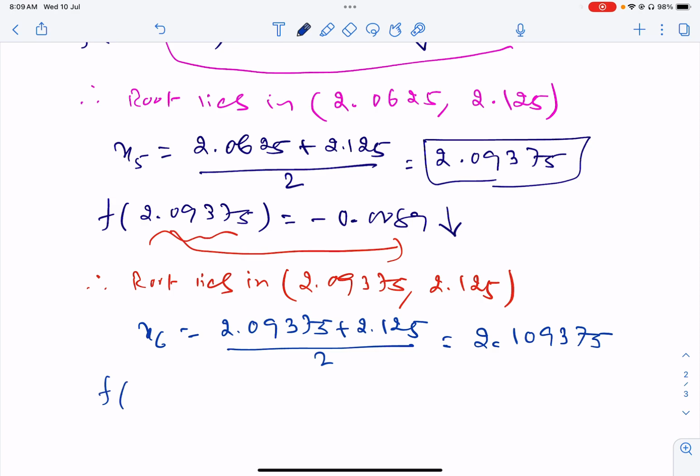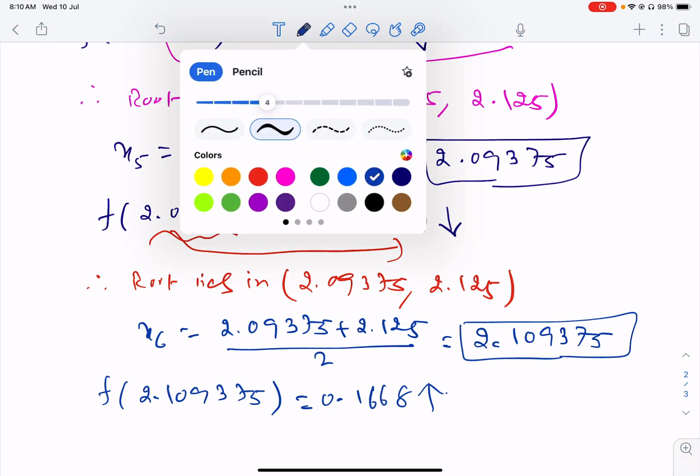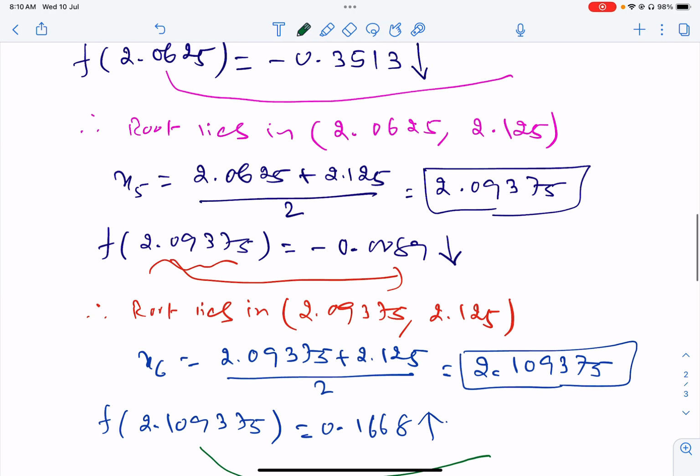Again we find the value of f of 2.109375. You use the calculator and you will find this as 0.1668, and so it is positive.